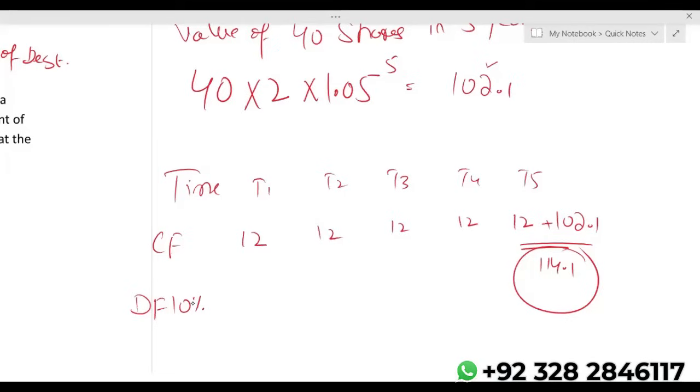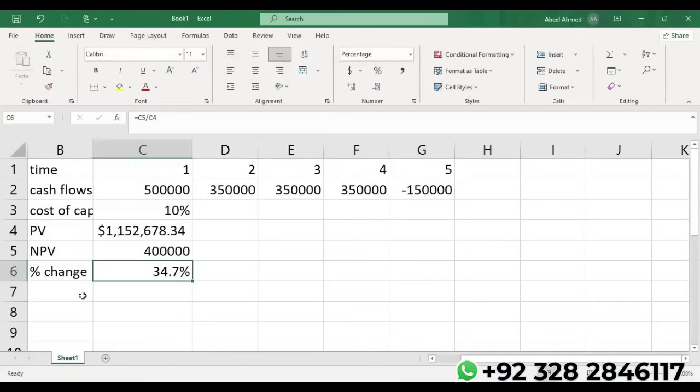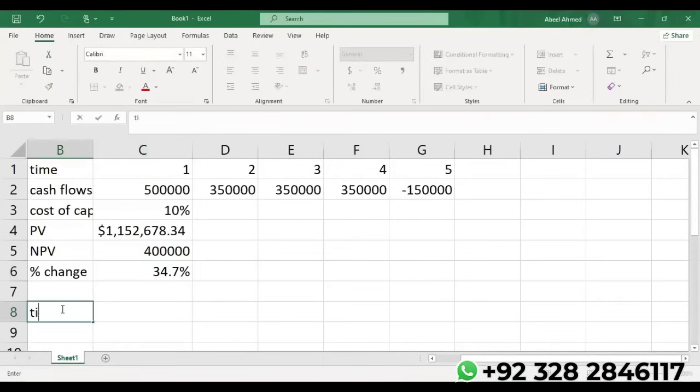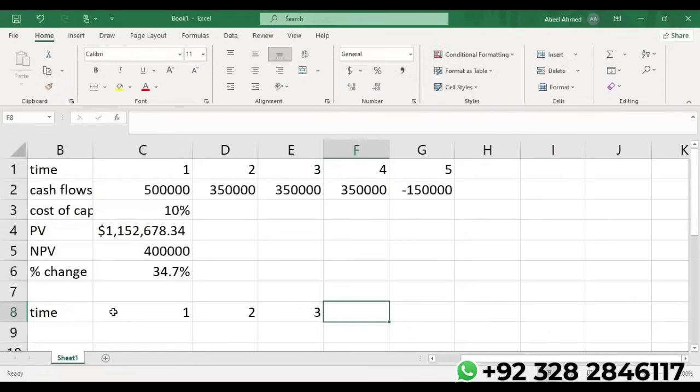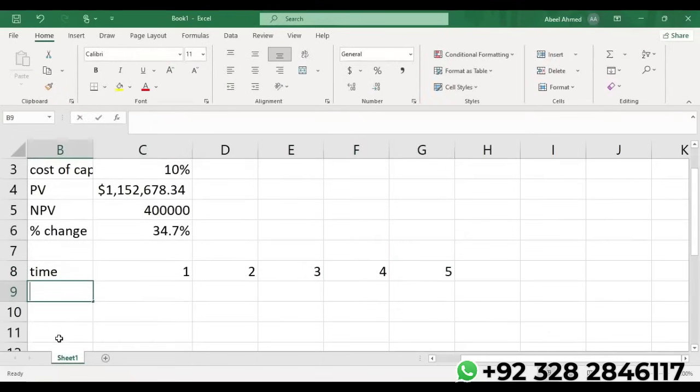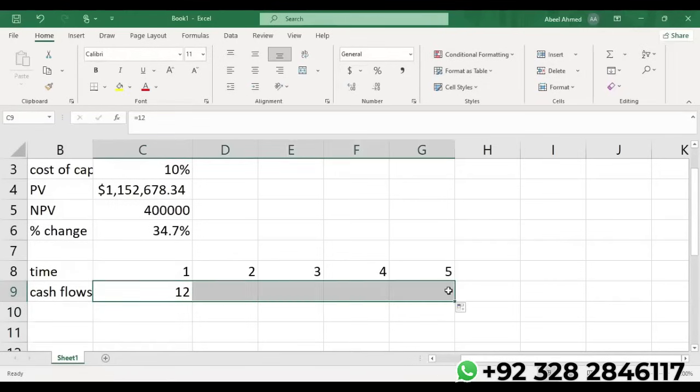So let me share the spreadsheet with you. Okay. Time 1, 2, 3, 4, and 5. Let us simply write the cash flows. It's actually 12. I can use the option of drag.